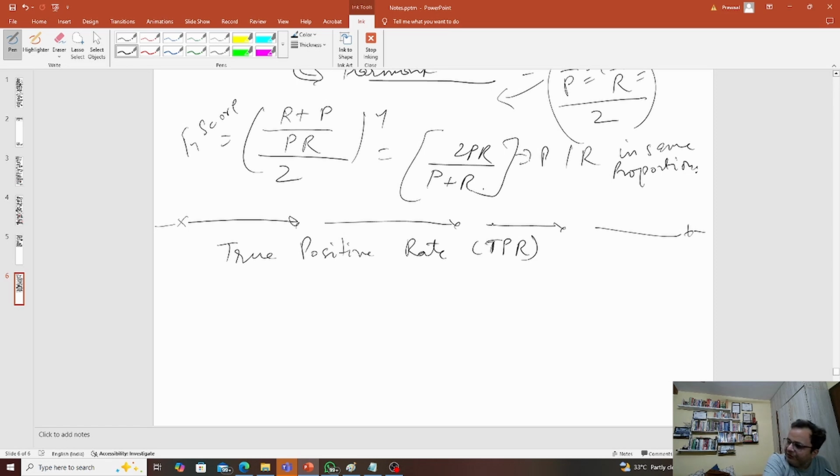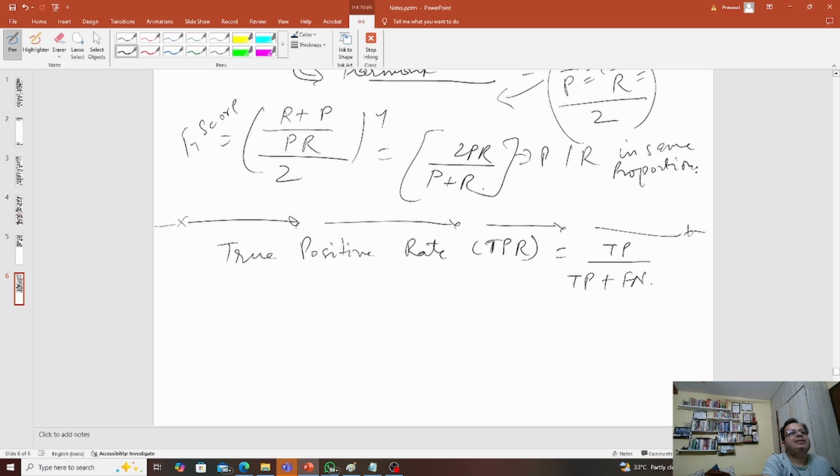True positive rate means how good it captures the positive cases. So this is true positive upon true positive plus false negative. And if you recall, this is nothing but recall itself.